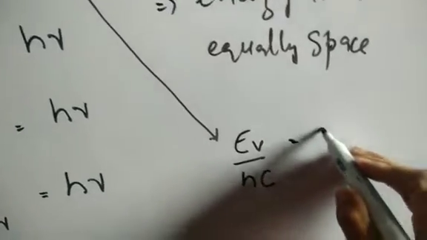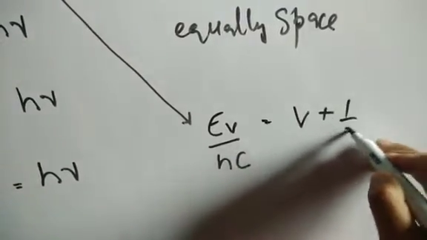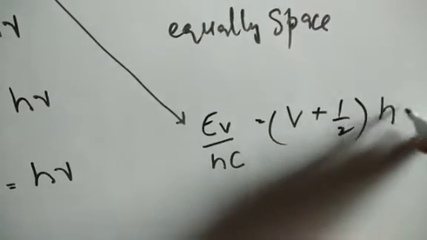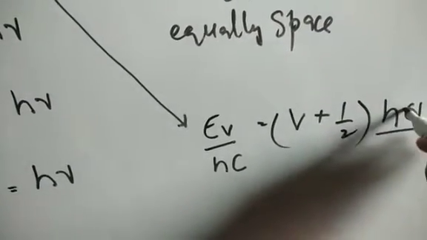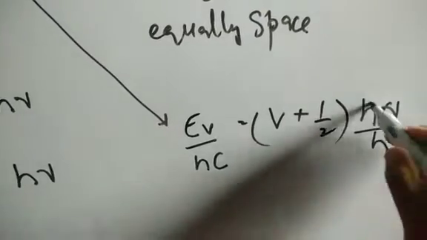So that is v plus 1/2, h nu by hc, so that gets cancelled.